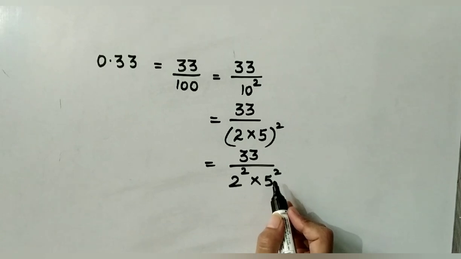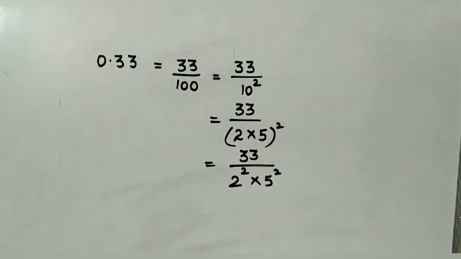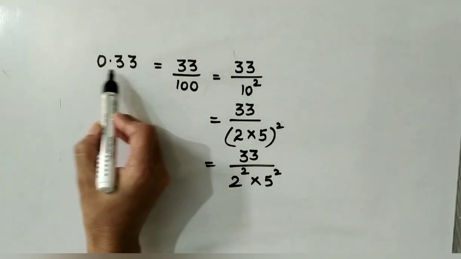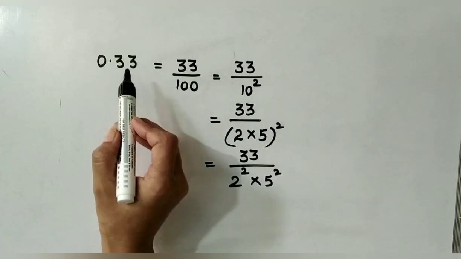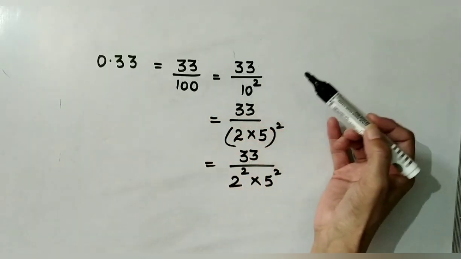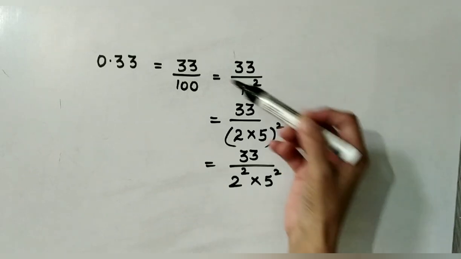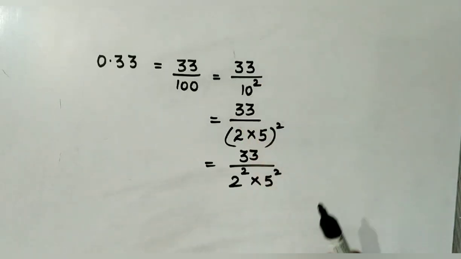And here goes the result, which says whenever there is a rational number whose decimal expansion terminates, and we know this is a rational number because its decimal expansion has terminated, then it can be expressed in p by q form, where p and q are co-primes. 33 by 100, they are co-primes. They don't have any other common factor other than 1.